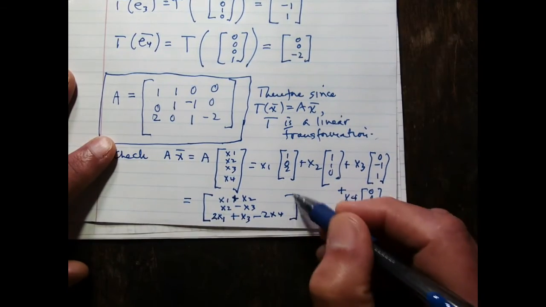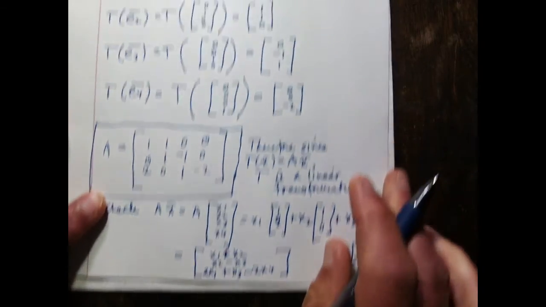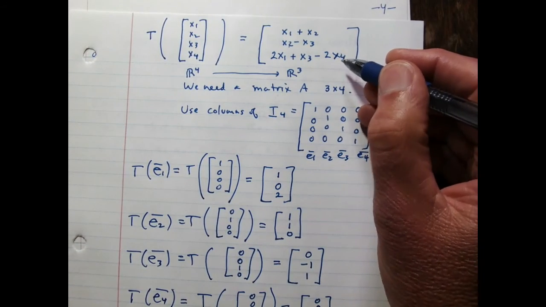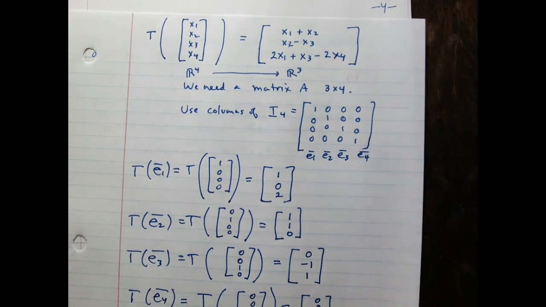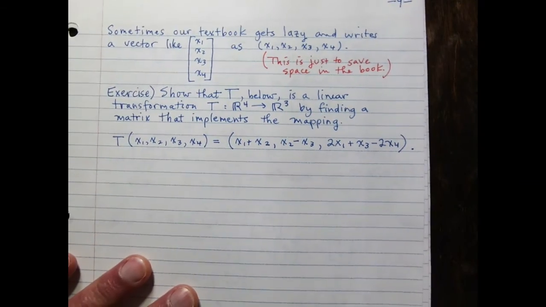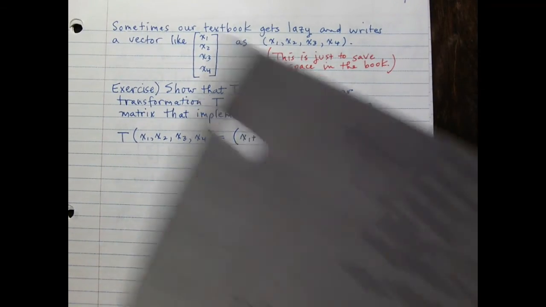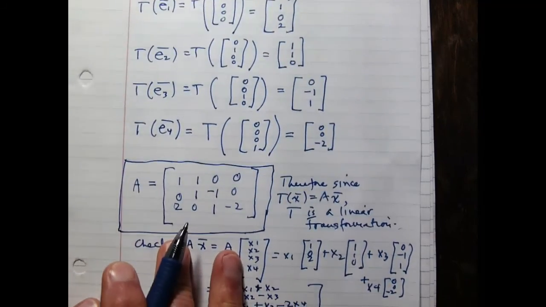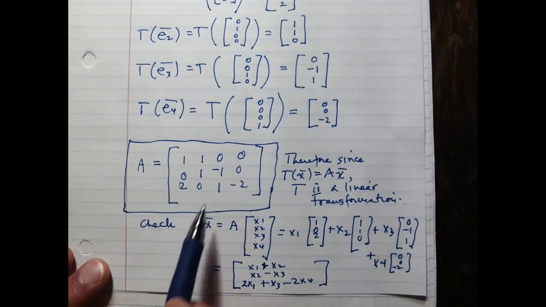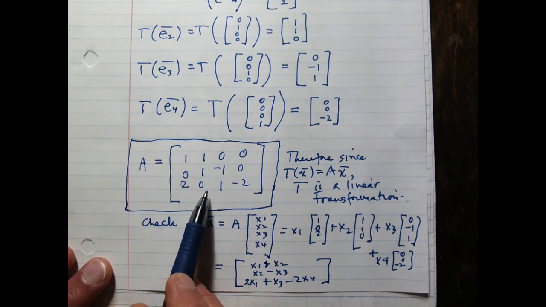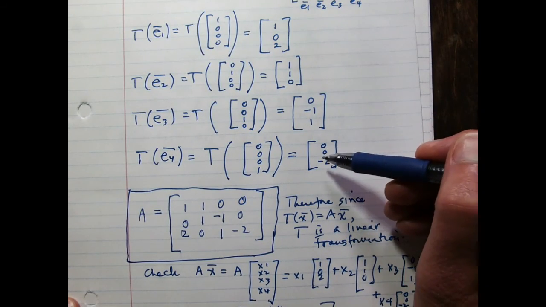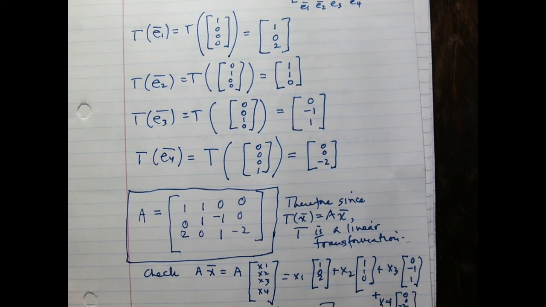And notice that what I got here, I hope, matches up with what we started out with at the very beginning for this problem. So there was the exercise, and our solution is right here, and there's the matrix A. We just took the image of the E1 through E4 vectors as columns.